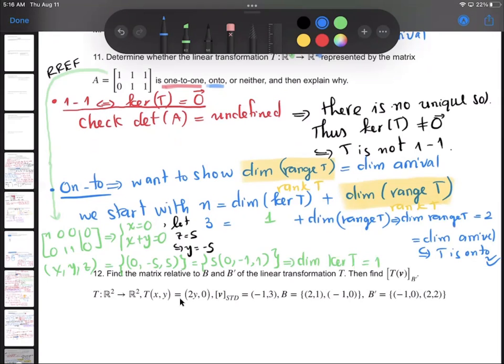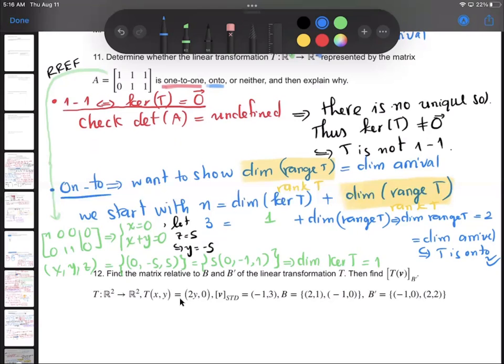All right, number 12: find the matrix relative to B and B prime of the linear transformation T. Then find the transformation in B prime. Okay, so let me remind you of something.